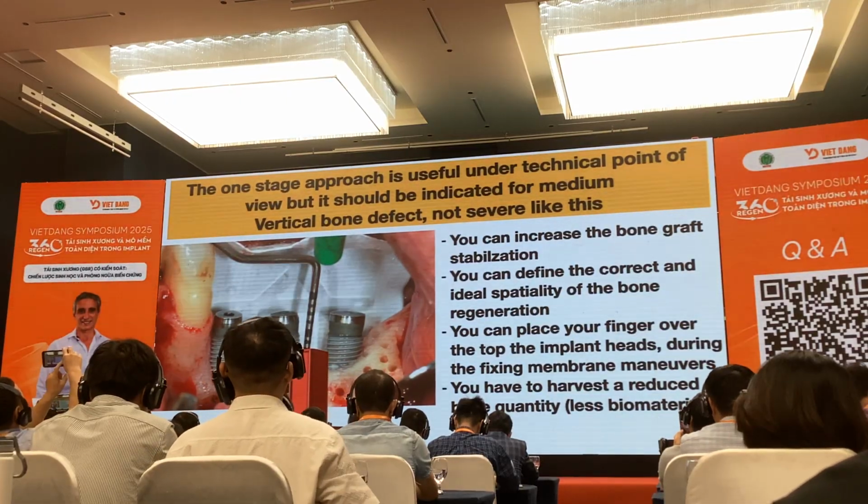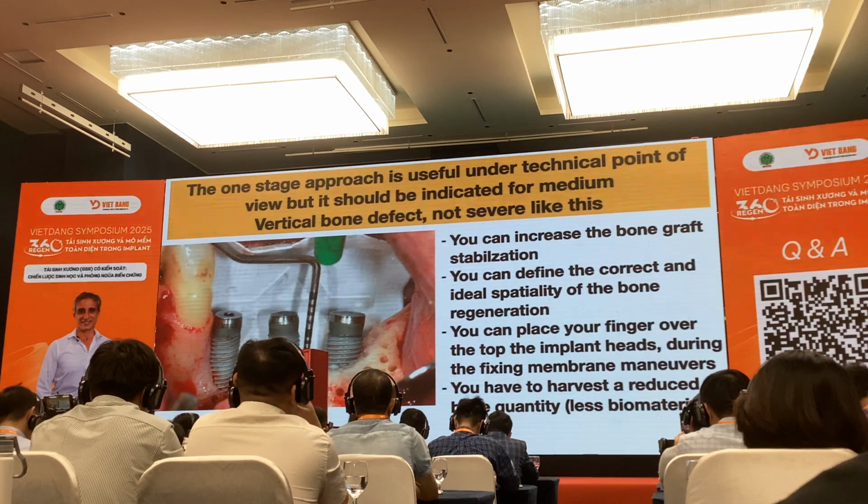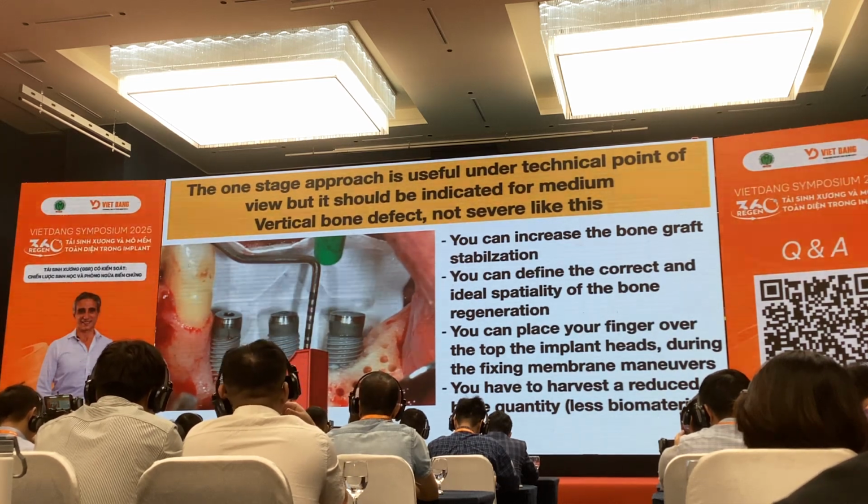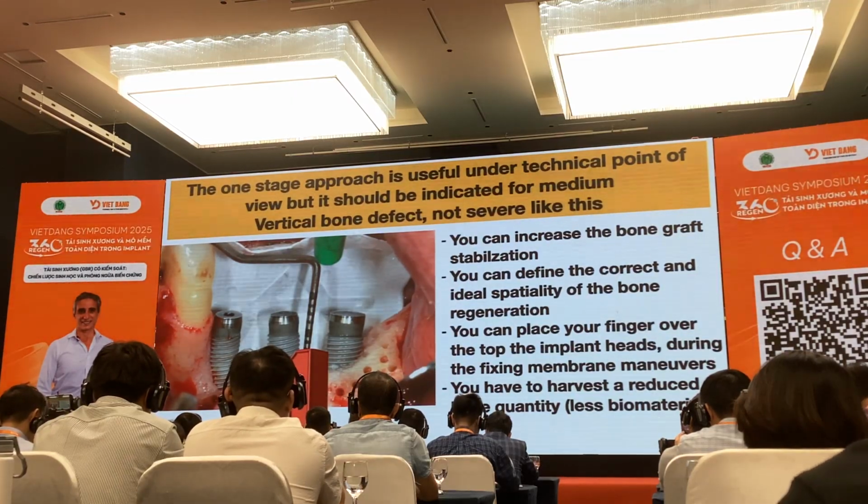The differentiation of the stem cells into osteoblasts and not into fibroblasts depends on the stabilization of the blood flow.